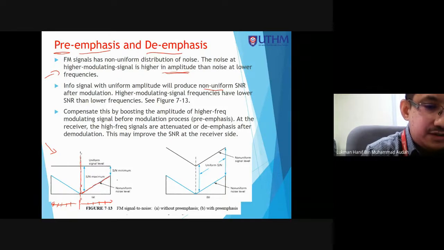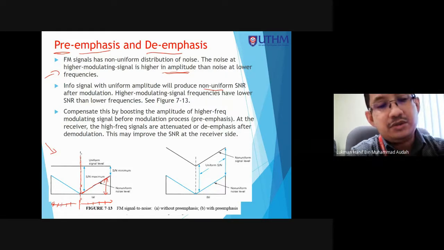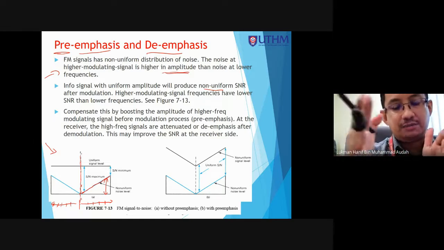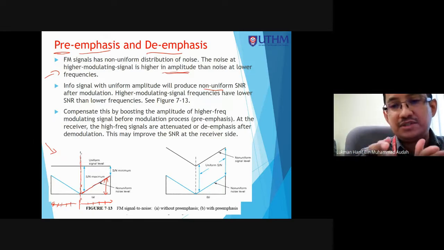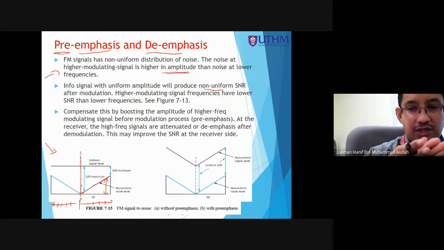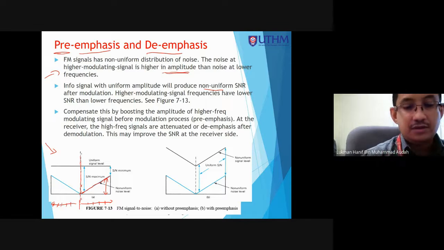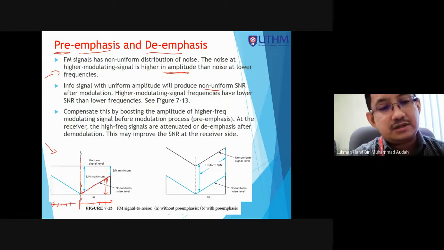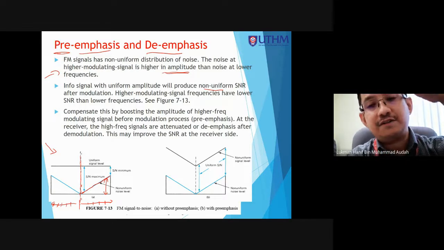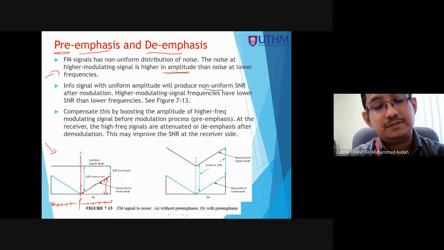So noise level di sini merujuk kepada yang ini, tinggi yang ini. Lagi jauh daripada FC, bermakna modulating frequency itu lagi besar. That means it can oscillate further away from the FC. So the noise level would be higher kalau kita menggunakan FM yang lebih besar.